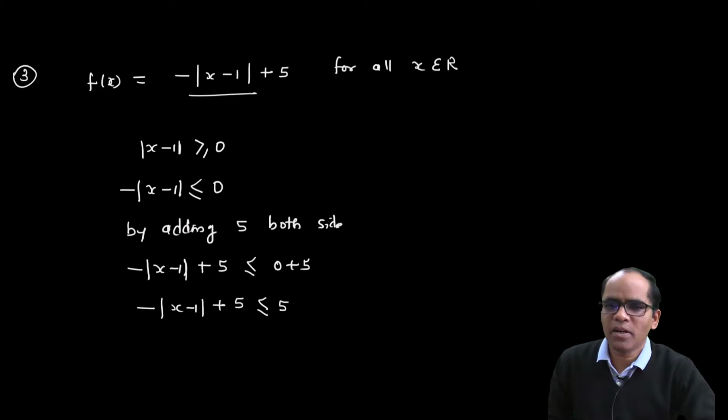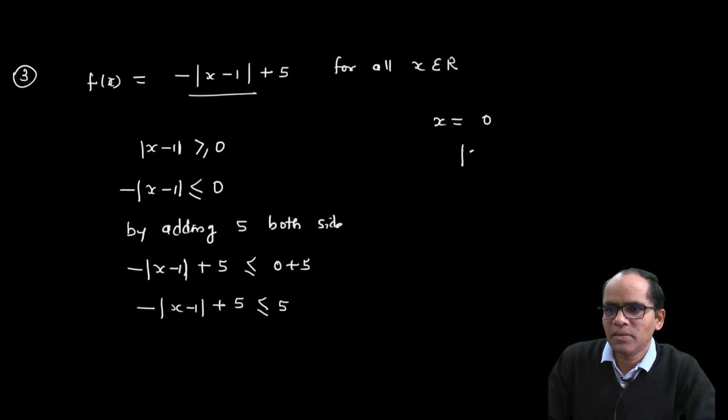Okay, now put the value. Suppose you put x equal 0, so this will be minus mod 0 minus 1 plus 5. So this will be minus 1 plus 5, so less than or equal to 5. So 4 is less than or equal to 5.